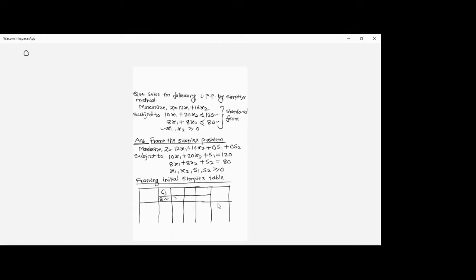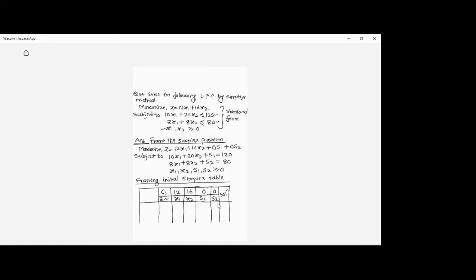In the objective function, we have four variables x1, x2, s1 and s2, and the coefficients of them we are going to write here. So the coefficients are 12, 16, 0 and 0.